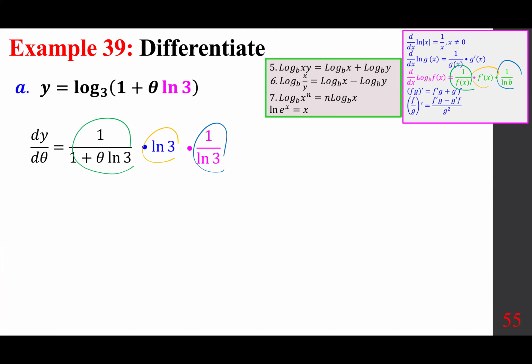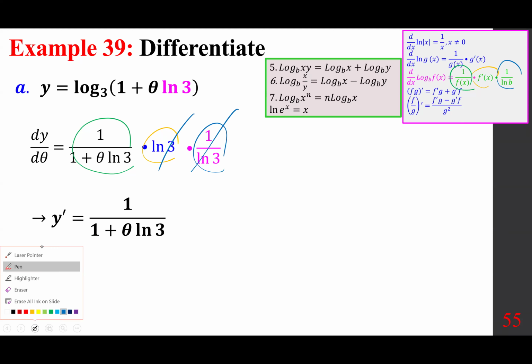And we are done. We are going to simplify it. Now, this is the extent of the calculus, believe it or not. Obviously, these two cancel each other. We have the first part, and y prime is 1 over 1 plus theta ln 3.